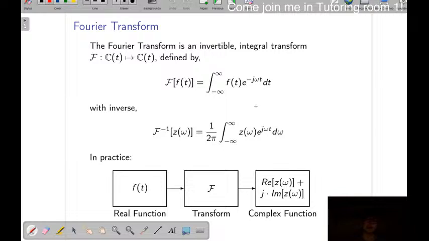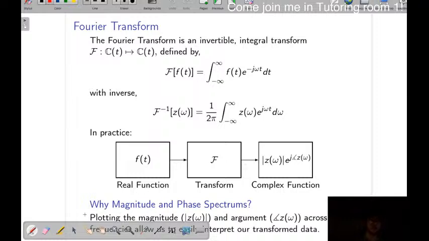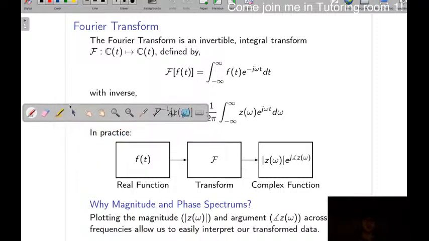Remember that any complex number can be written as a plus jb. But the ones we've been talking about most are the magnitude spectrum, this coefficient term, and the phase spectrum, this angle of our frequency spectrum. That's how the Fourier transform usually works when we're building things.